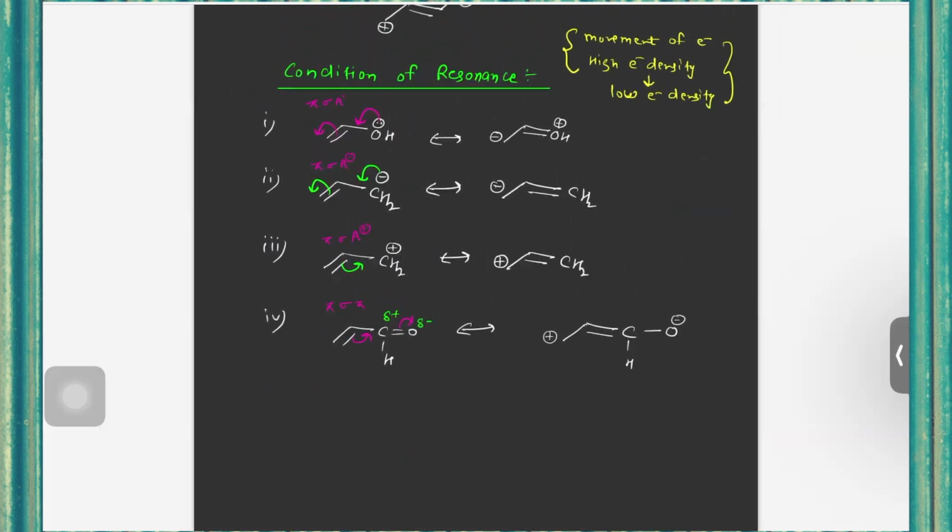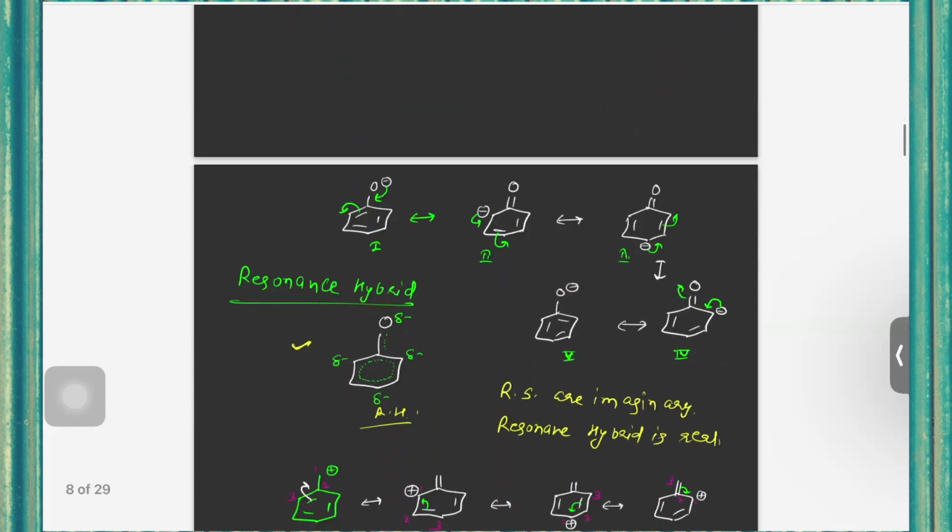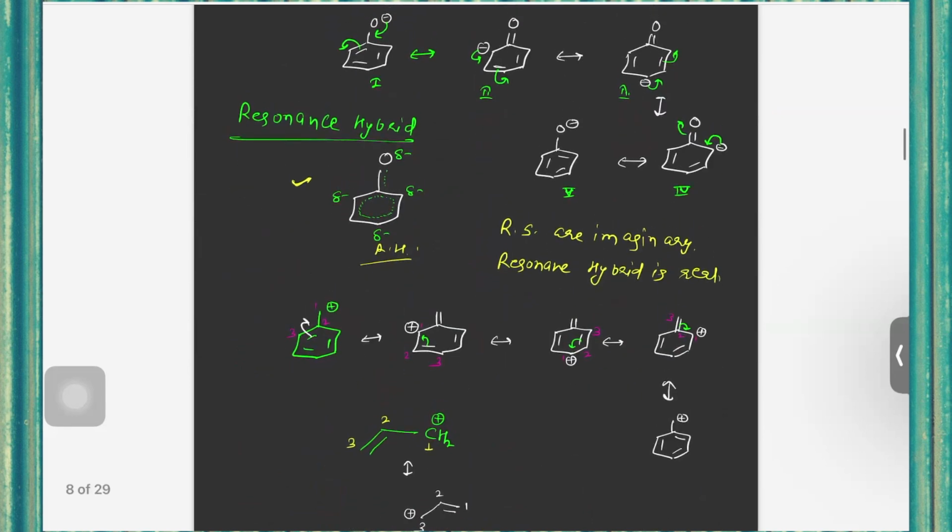Like, we have to compare the stability of resonating structures. We have to see the stability of intermediates like carbocation, carbanion. So for that purpose, we need to be comfortable in drawing the RS.